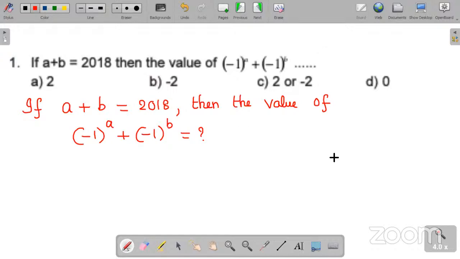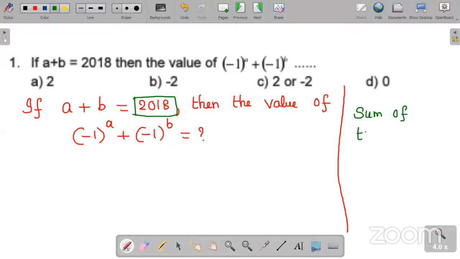Right. Here, my dear students, one concept we need to remember. It's a very simple concept, the even odd concept itself. The sum of two numbers is 2018, and 2018 is an even number.